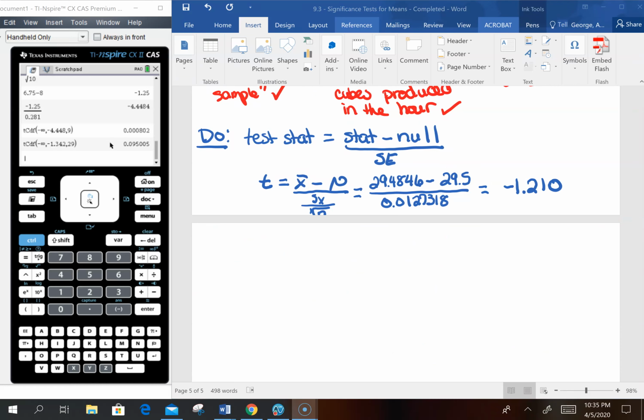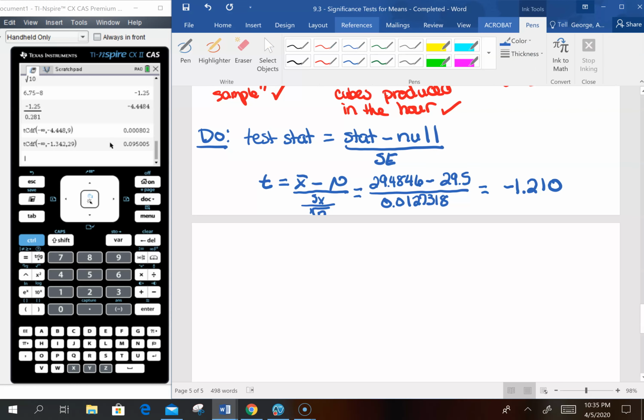Okay, so we found our t-value. So now we need to draw our picture and then find our p-value. This one's got a little more depth to it when we're drawing the picture. First off, we know it's a t-distribution, which looks like a normal distribution. And we had 50 in our sample, so 50 minus 1 is 49.